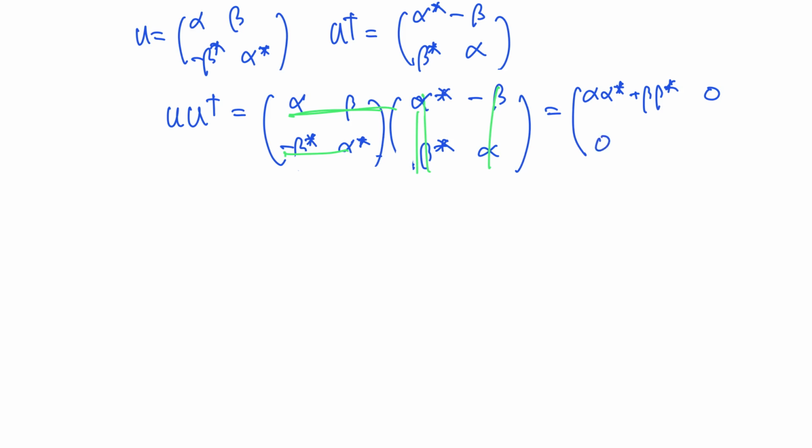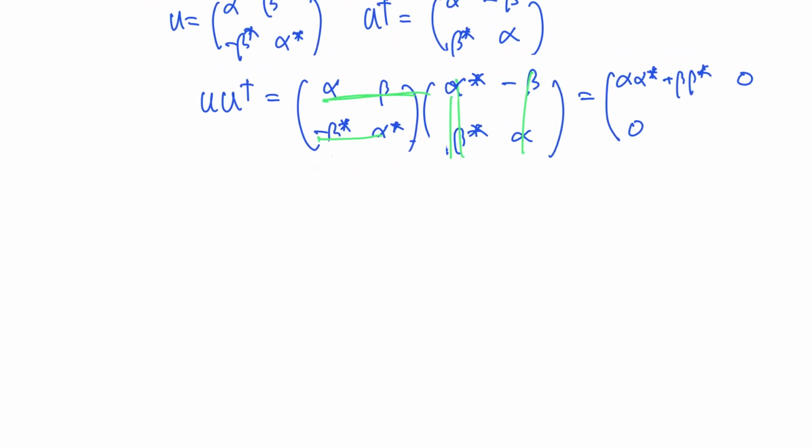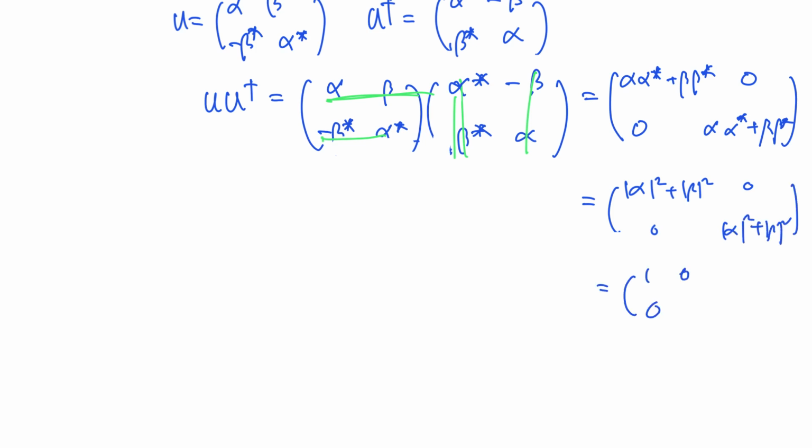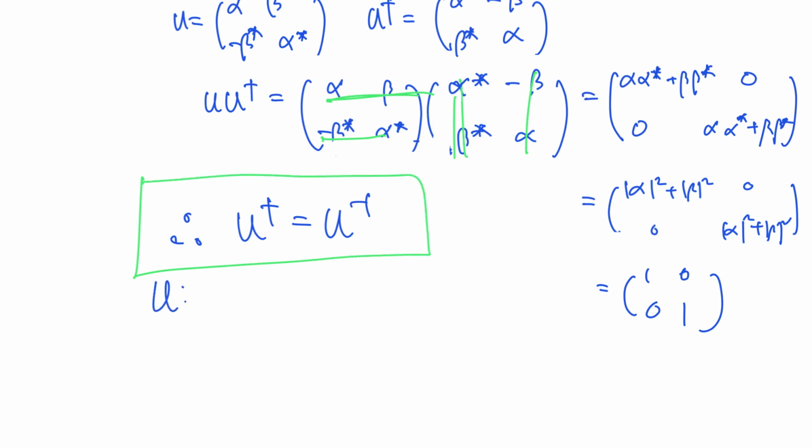The last one, alpha star alpha, beta star beta, right? Which is alpha square plus beta square, 0, 0, alpha square plus beta square, which is 1, 0, 0, 1, right? So therefore, U dagger is U inverse, right? So U is unitary.